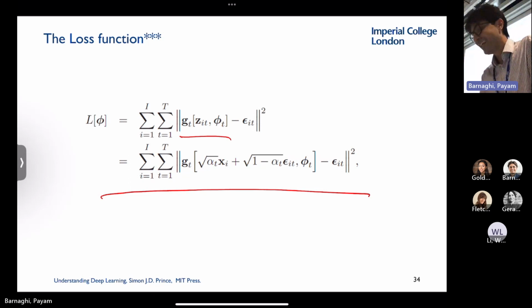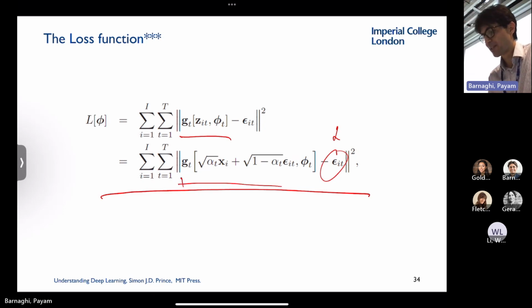It's not, obviously, but this is a sort of standard normal distribution. Epsilon comes from here, and these are for each of the steps. You take the GT, you calculate GT of that, and obviously you take the mean across all the steps, and that will become your loss function.